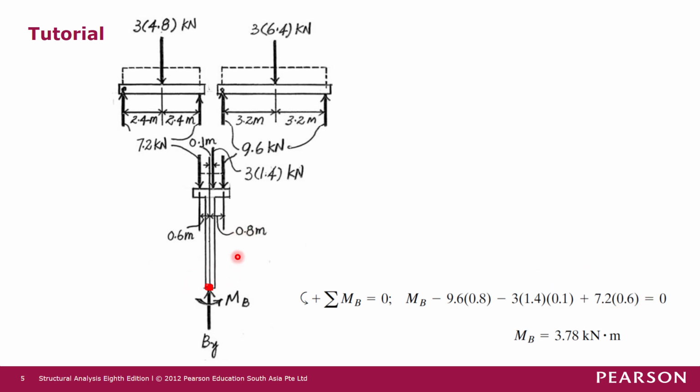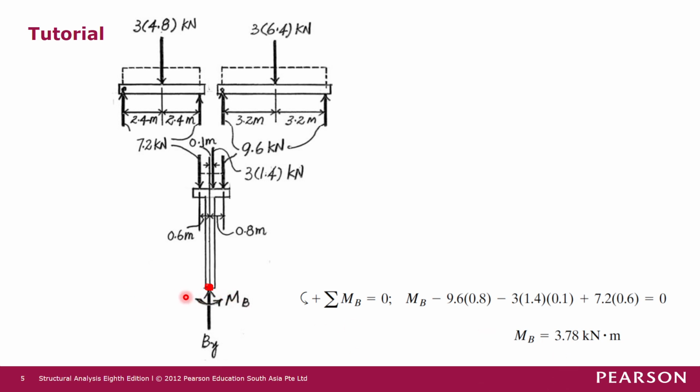So there is no other moment or forces that produce moment about joint B. So we equate this to 0. And solving for this MB here, we get MB equals 3.78 kilonewton meter, and we get a positive solution. But this positive solution means that the assumption of this direction is correct.